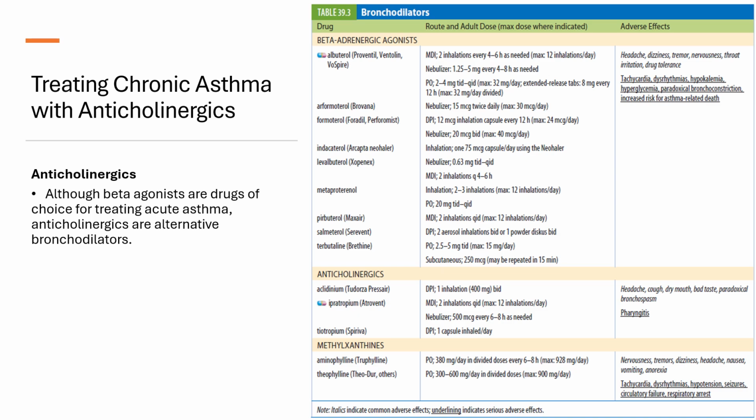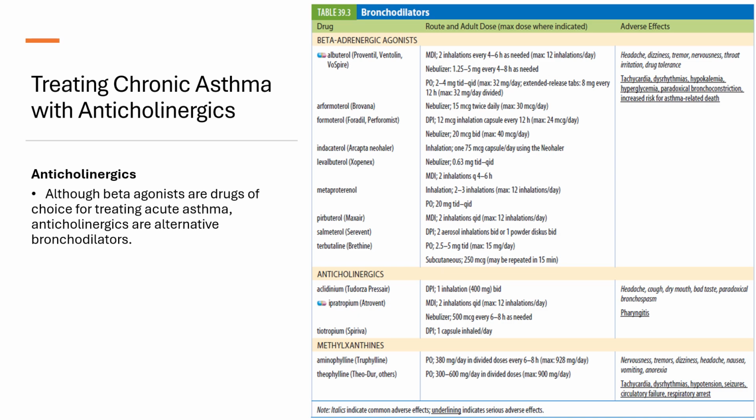Ipratropium is the most common anticholinergic drug prescribed for the pharmacotherapy of your COPD and asthma. It has a slower onset of action than most beta agonists and produces a less intense bronchodilation.